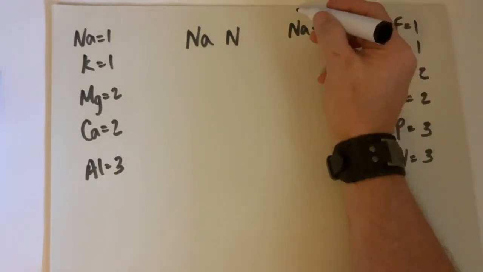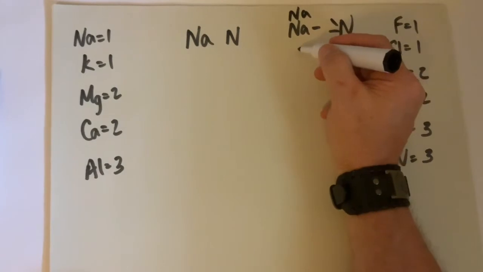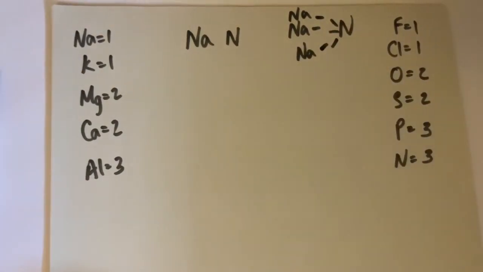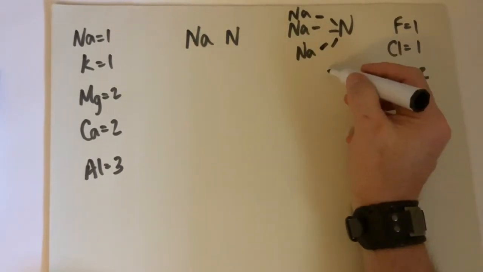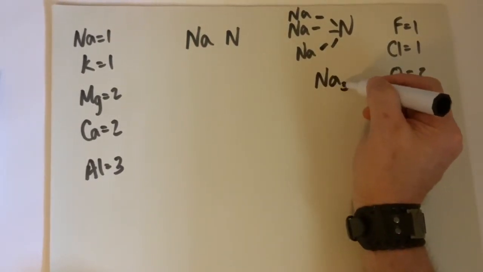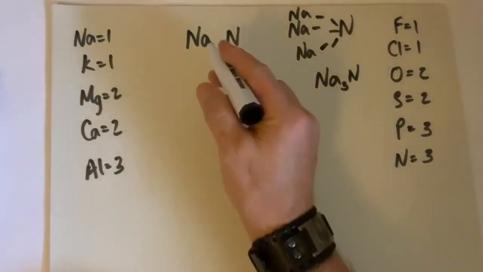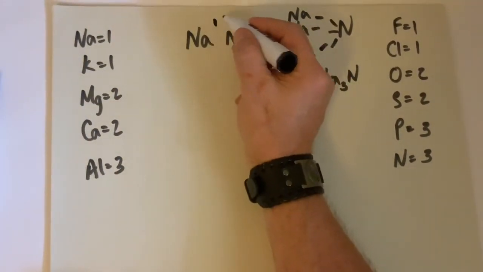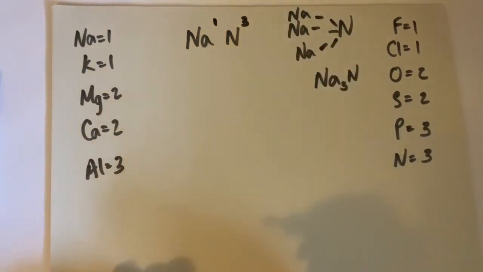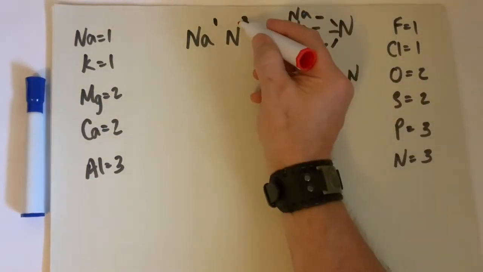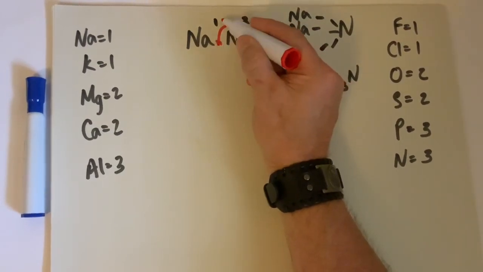Therefore, we would need another 2 sodiums to make it up to give us sodium nitride. If we do it by the valence crossover method, you can see straight away we're going to finish up with the same formula without all the drawing.